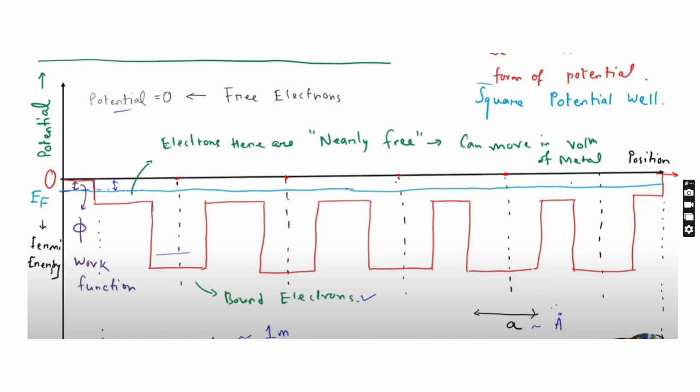Here we can see the electron which is loosely bound to the nucleus is like a bound electron in this square well, so it cannot move out of this well.